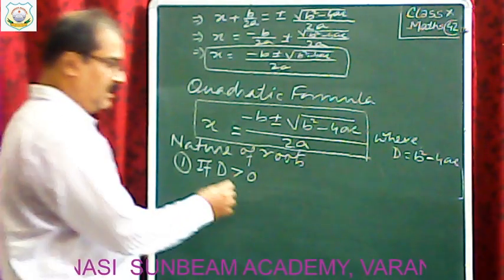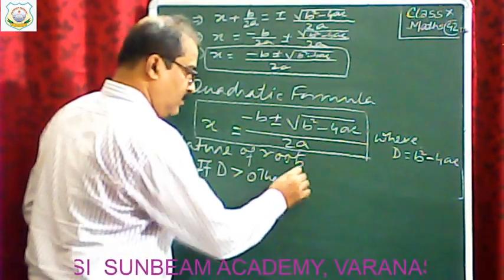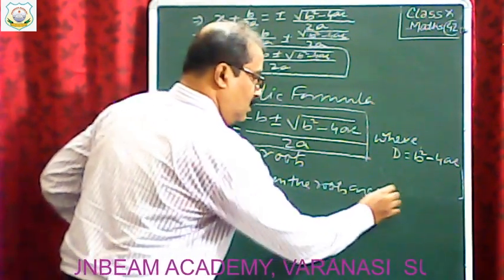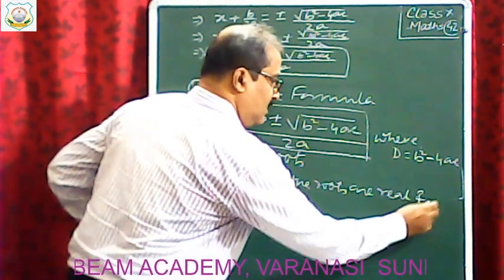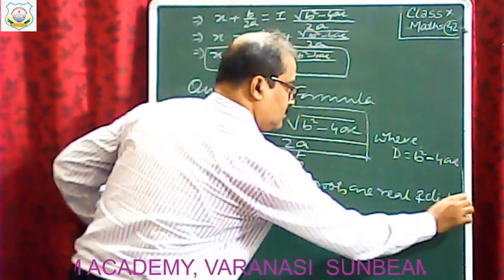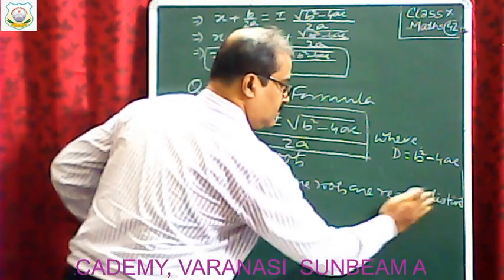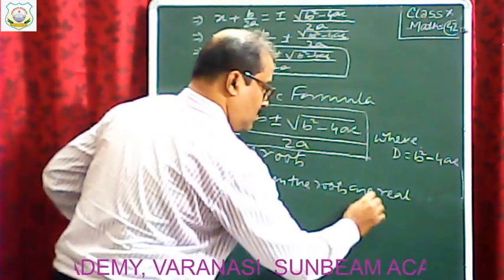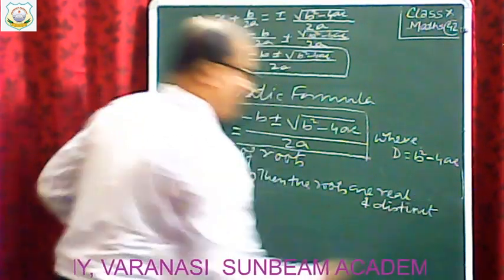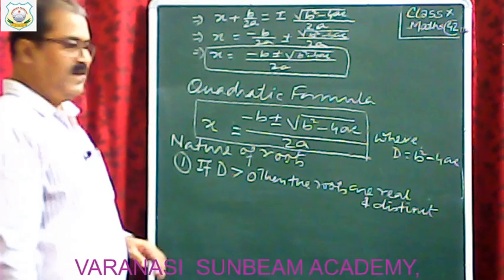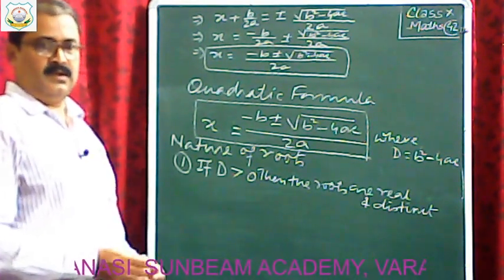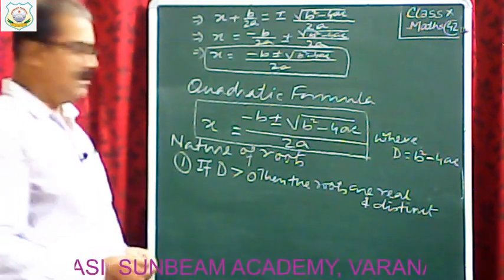So if d is greater than 0, then the roots are real and distinct. Distinct means not the same, different. If we get the value of d more than 0, then the roots for the value of x must be different and real, obviously.